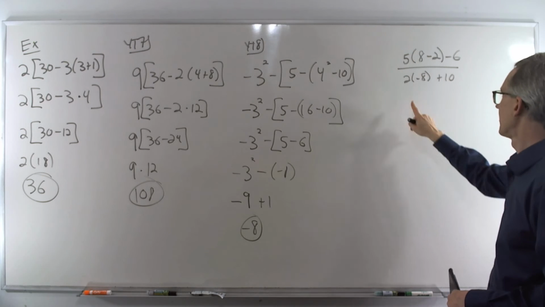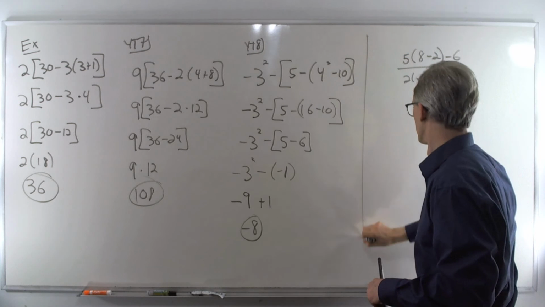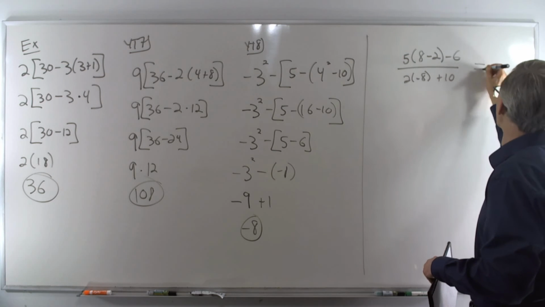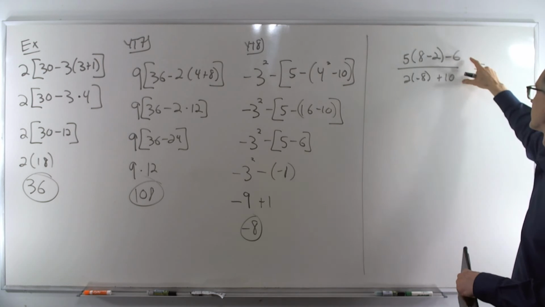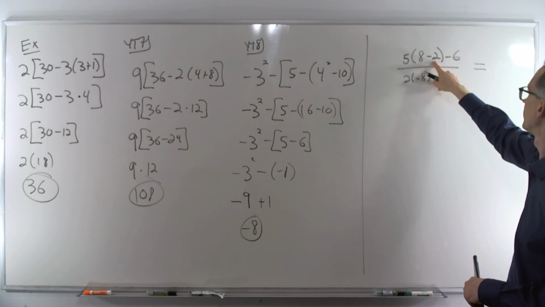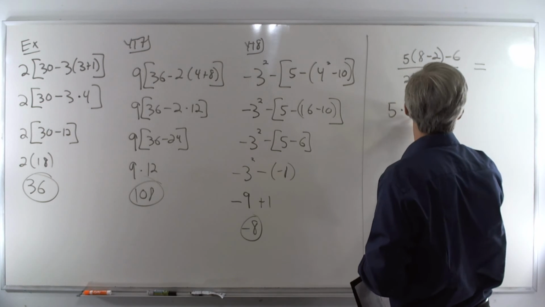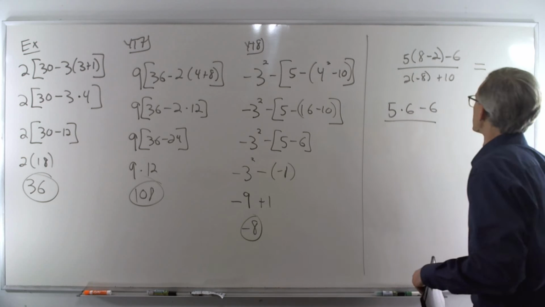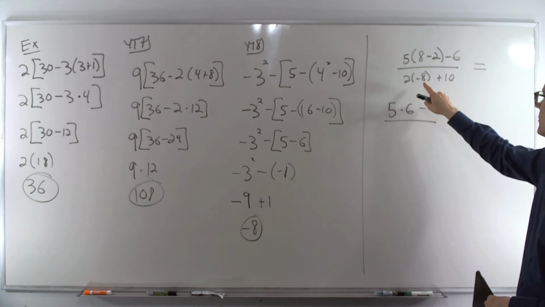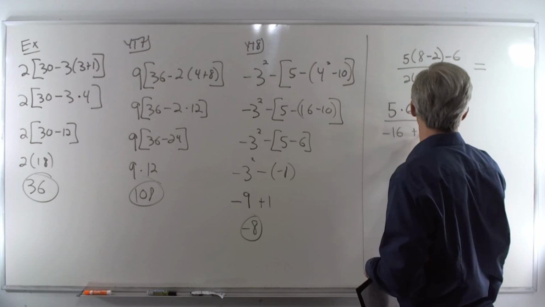So we're going to do the top and bottom separately. Using order of operations separately on the numerator and the denominator. So up top we got 8 minus 2, that gives us 6, so 5 times 6 minus 6. And on the bottom, we're going to do the multiplication. 2 times negative 8 is negative 16 plus 10.